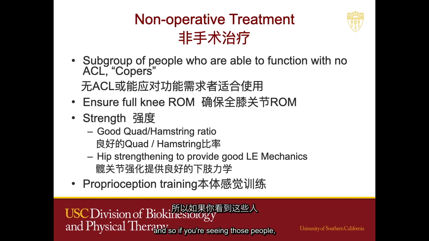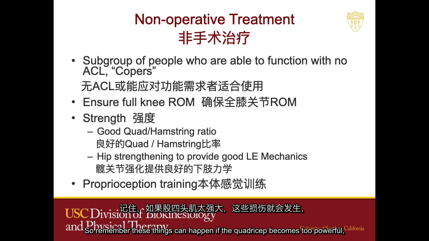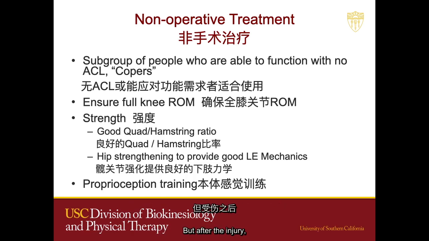And so if you're seeing those people, you really want to make sure they have full range of motion, especially extension. You want to make sure that their quadricep and hamstring ratio are equal. So remember, these things can happen if the quadricep becomes too powerful. But after the injury, oftentimes their quadricep becomes very weak.